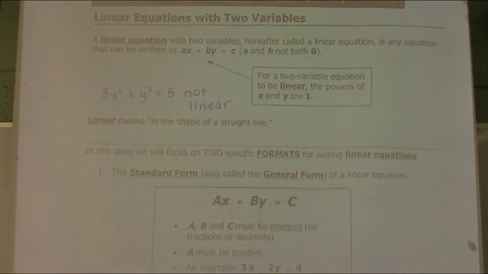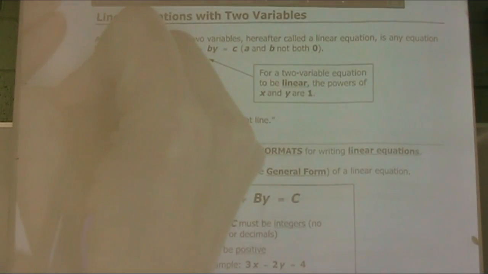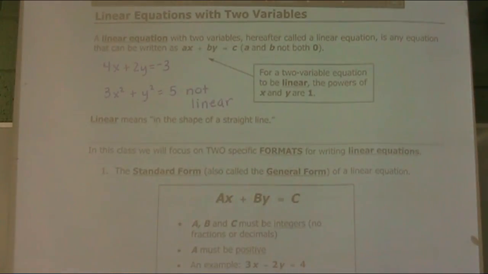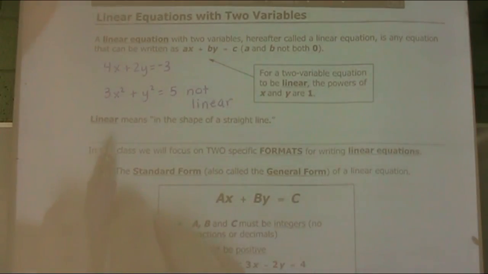So this would be not linear. It is still an equation with two variables, it's just not linear. So an equation that is linear might look like this. This is linear. The power of x is 1, the power of y is 1.